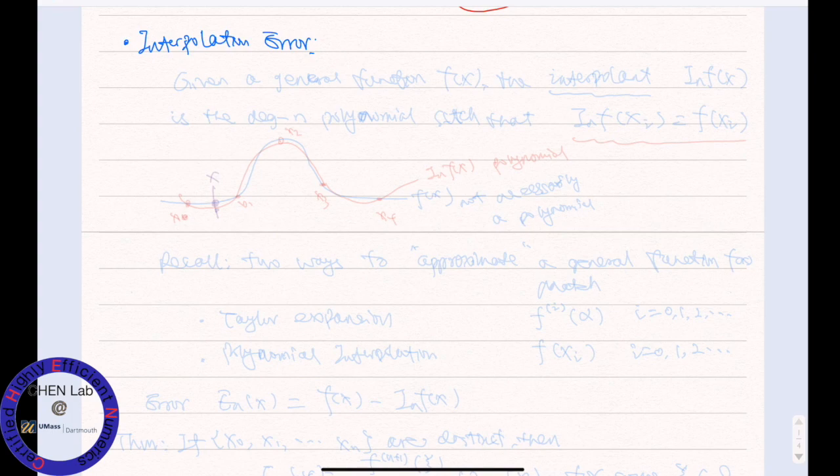So here is a second kind of approximation when you are given a function f.